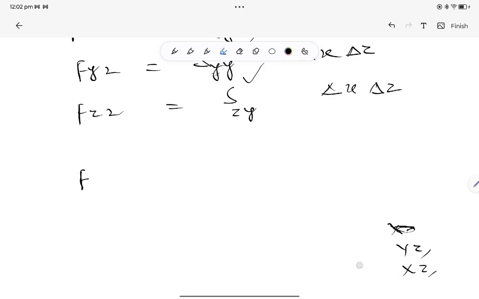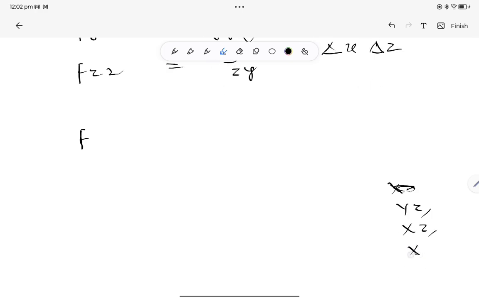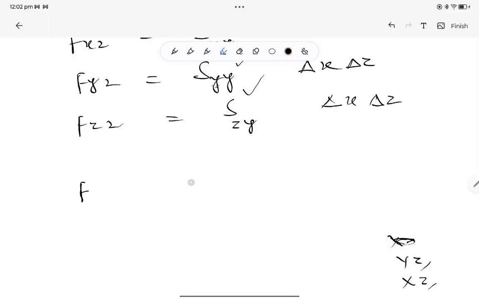We first took the YZ plane, then the XZ plane. We now have to take the XY plane. If the area is chosen from the XY plane, you will have delta x, delta y as the area.